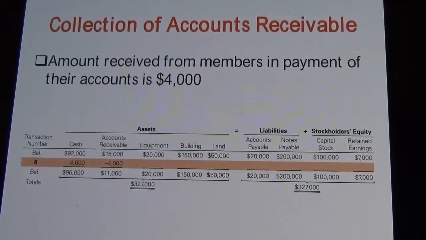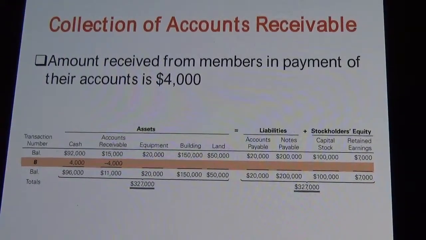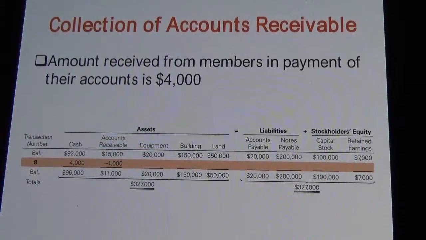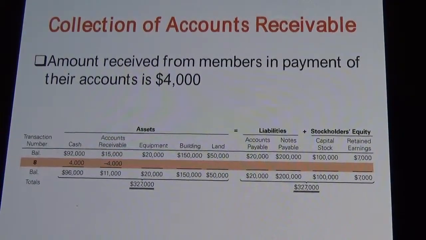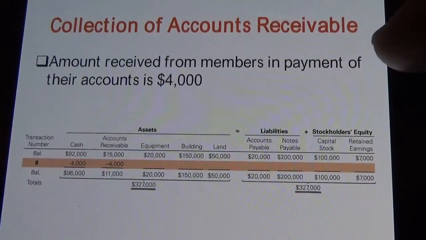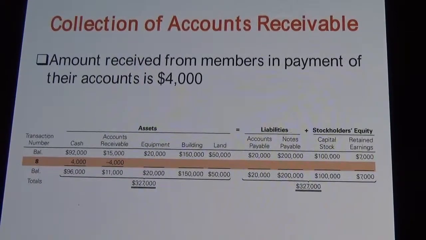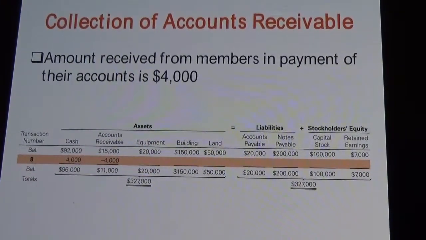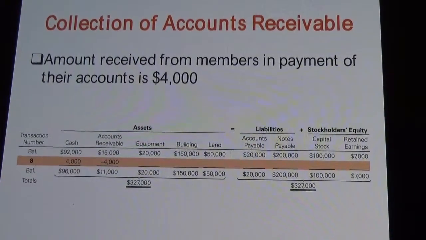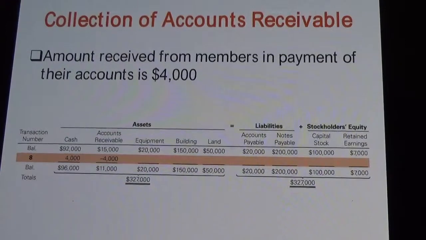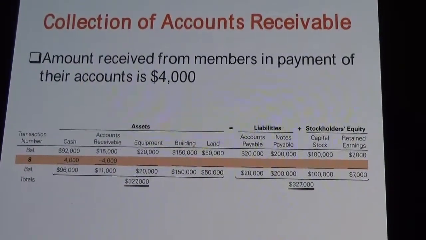We already recorded the membership fees as accounts receivable, so we're not going to record the revenue again. That would be double counting it. Instead, because it says this is in payment of their accounts, that means we've already charged them for this stuff before, and we would have recorded the revenue when we charged them. And so in this case, we're simply then going to decrease the amount that they owe us, because they don't owe us that anymore because they just paid us.